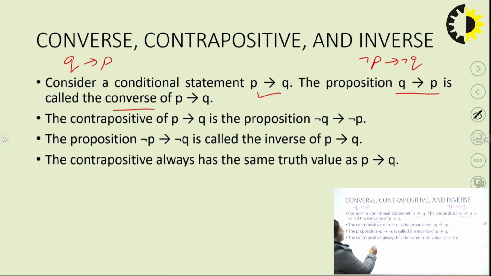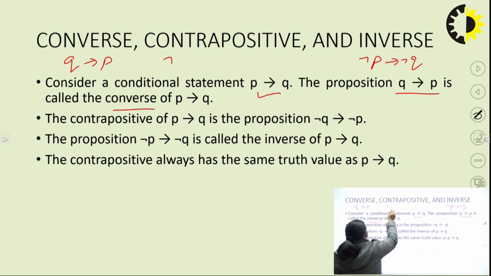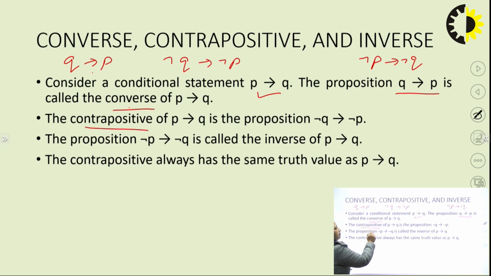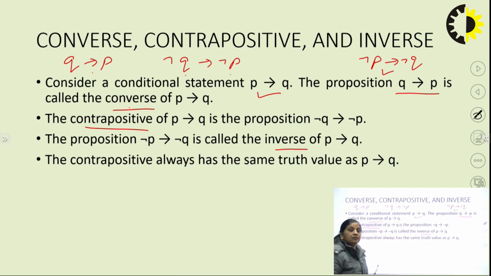The contrapositive is not Q implies not P. So we have the converse, which is Q implies P, the contrapositive, which is not Q implies not P, and the inverse, which is not P implies not Q. So the conditional statement has three other related forms also.